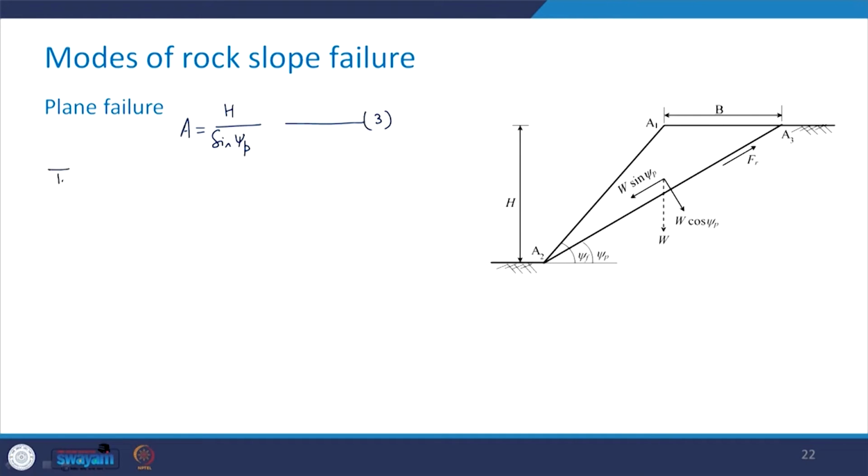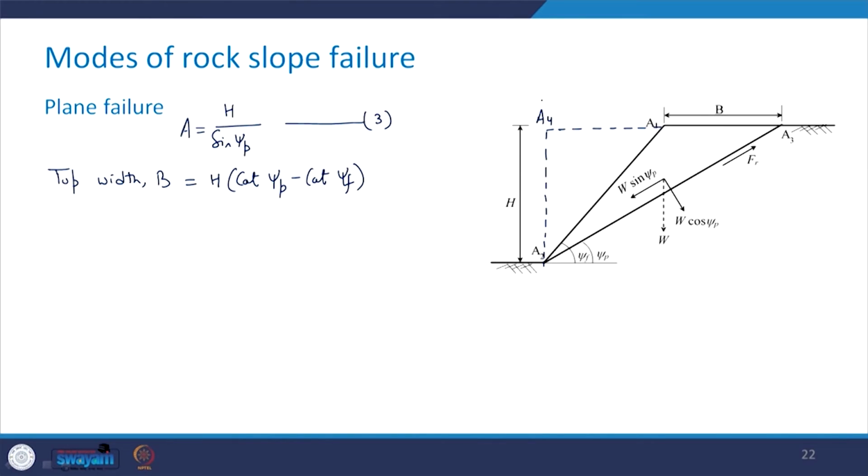Now, the top width, which is B here, this will be H times cot of psi p minus cot of psi f. See here, I can extend this line and drop a vertical line from the point A2. So, this top width will be what? Let us say this point is some point A4.